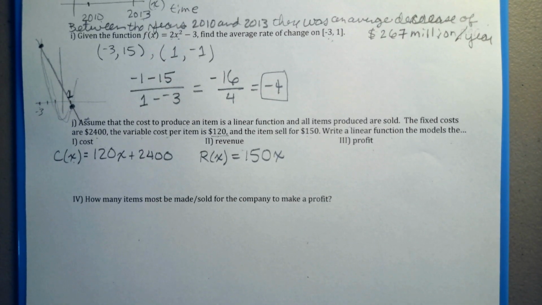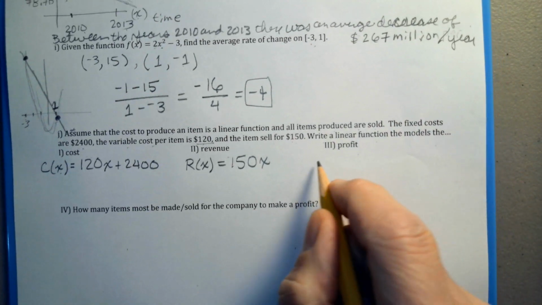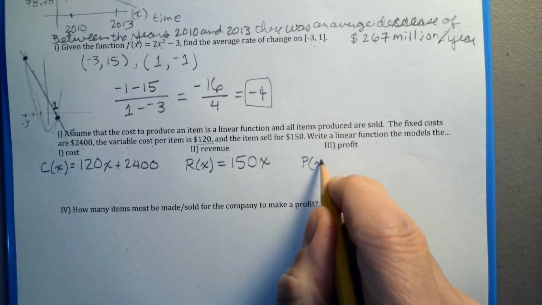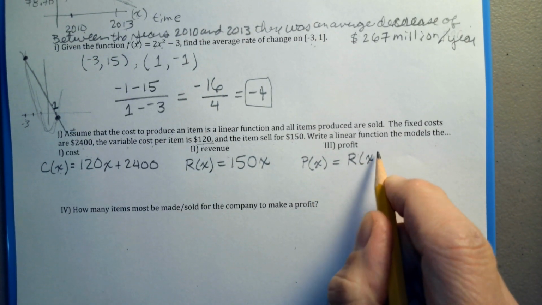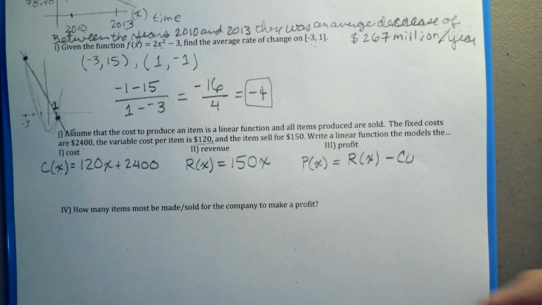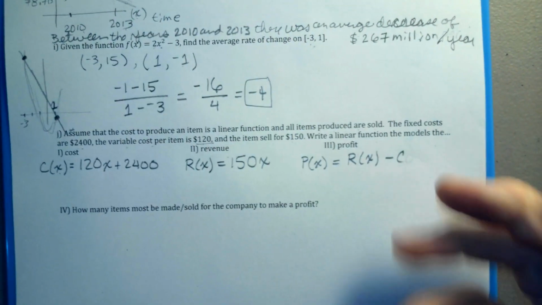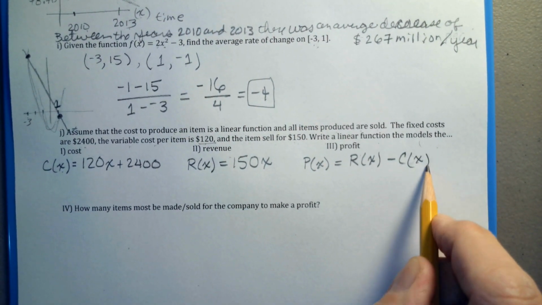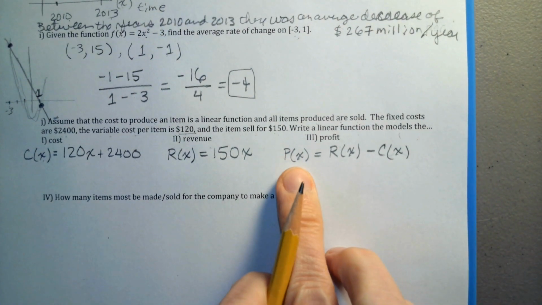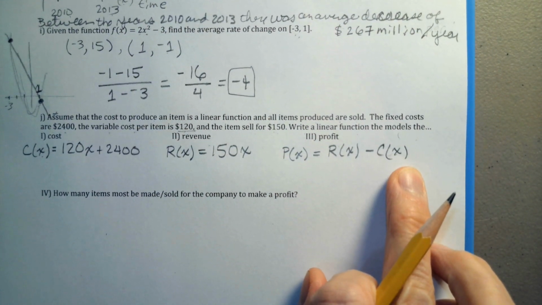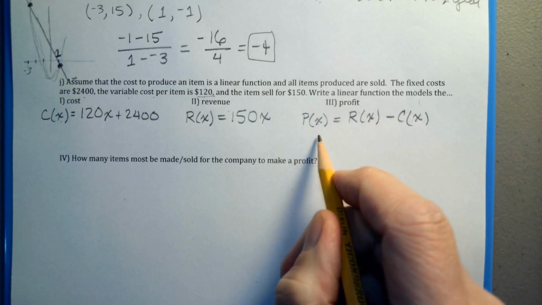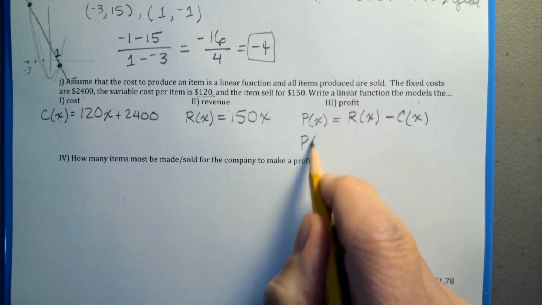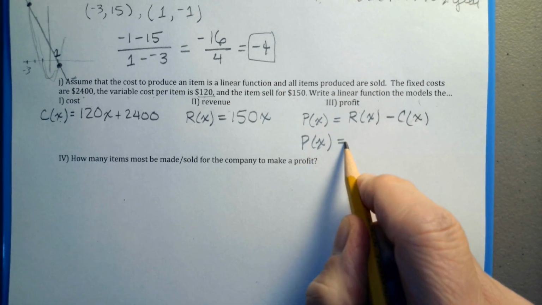And then the profit. The profit is simply the difference, right? So the profit we'll call P of x. That's the revenue that you bring in minus the costs. All right, that's the profit. Revenue minus cost is profit. And now we want to look at plugging the things in, right? So let's write what that is.